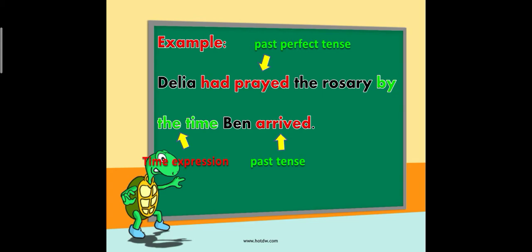Delia had prayed the rosary by the time Ben arrived. Had prayed is in the past perfect tense, while by the time is the time expression, and arrived stands as past tense.